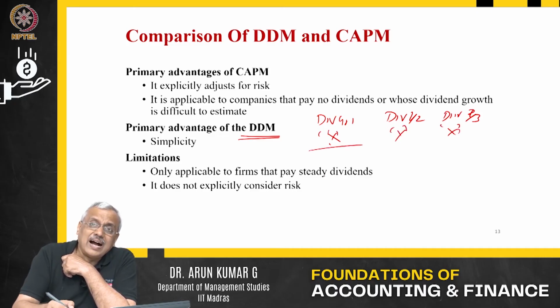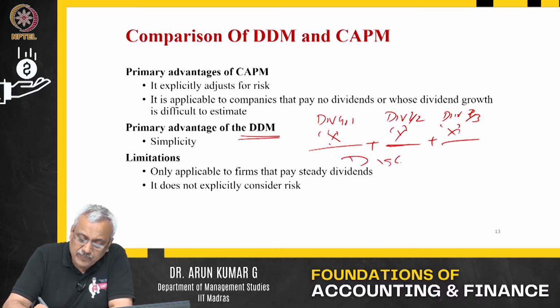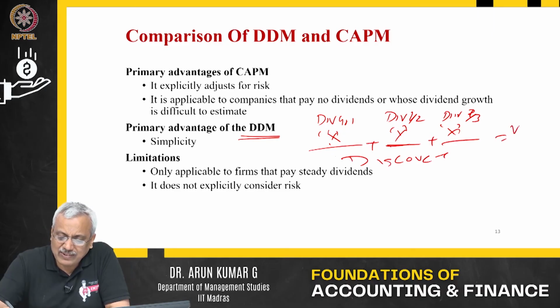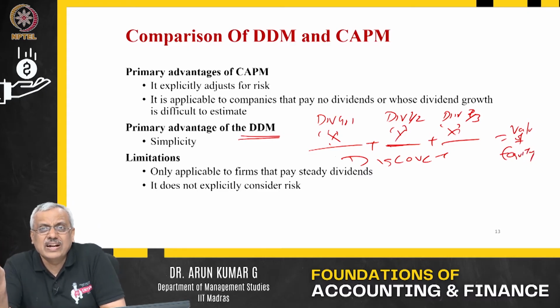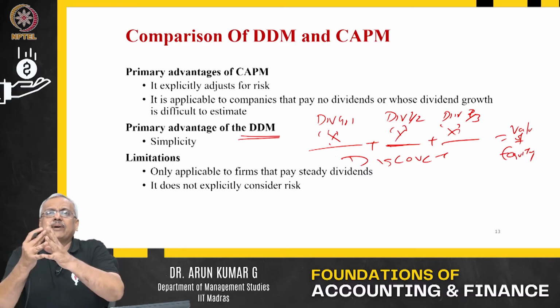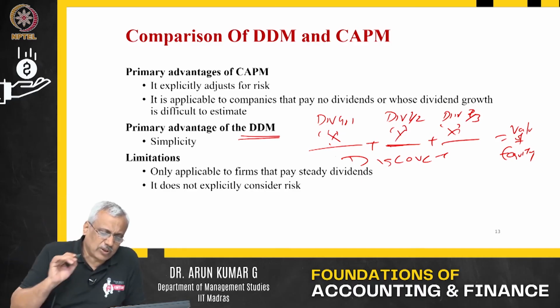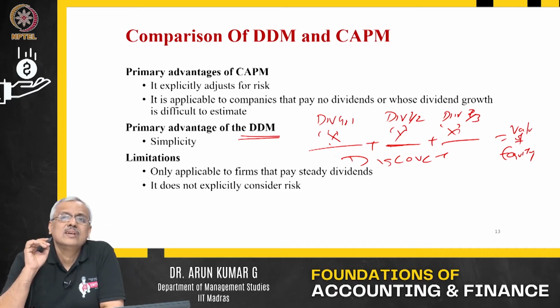All I have to do is discount these using a particular rate, then I will have the value of the equity. If I know all the future dividends, I discount them at a particular rate and add up, and that is what gives me my dividend discount model. Very simple.